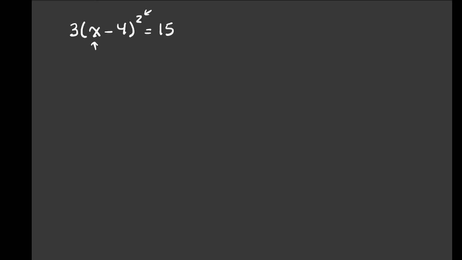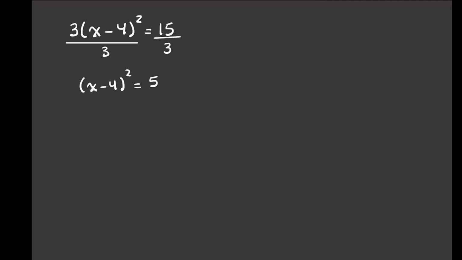So instead of expanding this factor, I'm just going to work with what I have and leave the factor as it is. That saves me a step. Here my job is to isolate x. The first thing I'm going to do is get rid of this 3 by dividing both sides by 3. Then here I would have x minus 4 squared is equal to 5.